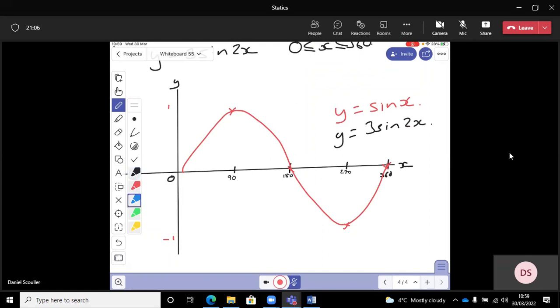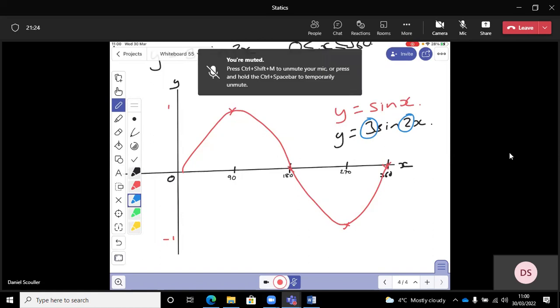So we want a sine wave. It starts at 0, it finishes at 360. The milestones are getting divided by 2 because there are 2 full waves, and the amplitude is 3. So it goes up to a maximum of 3 and down to a minimum of -3.